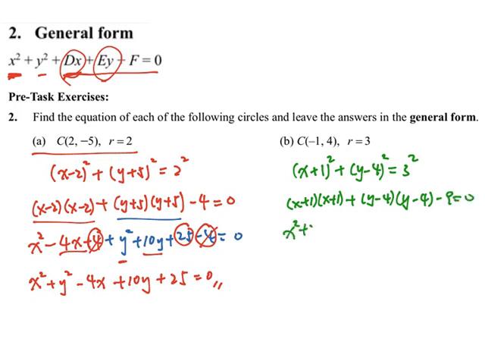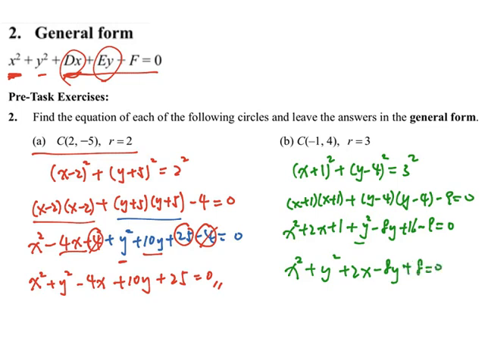So x squared plus 2x plus 1, then y squared minus 8y plus 16 minus 9 equals 0. So finally, x squared plus y squared, and then 2x minus 8y, and then the number equals 0.